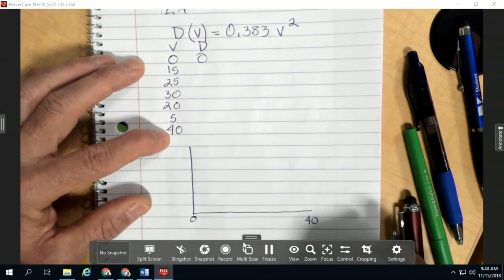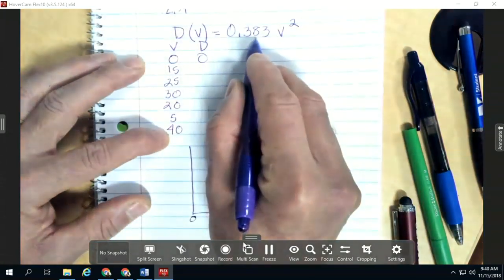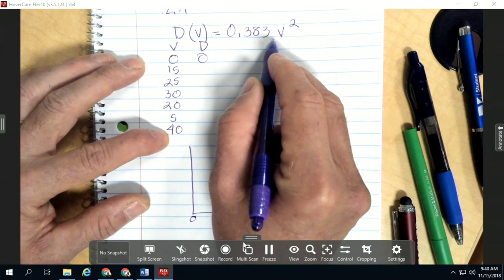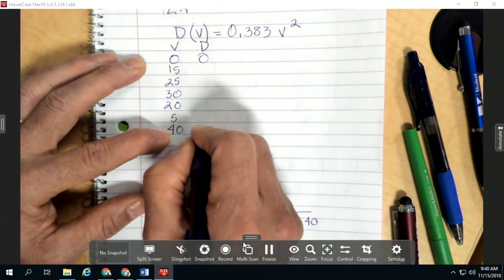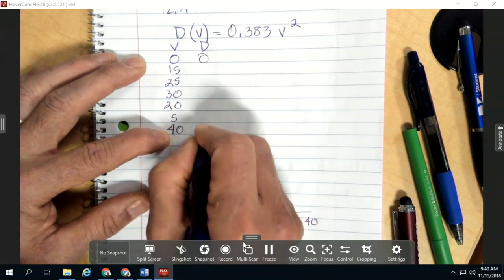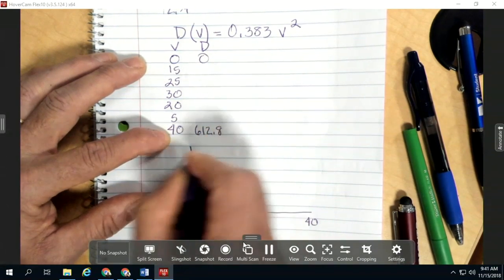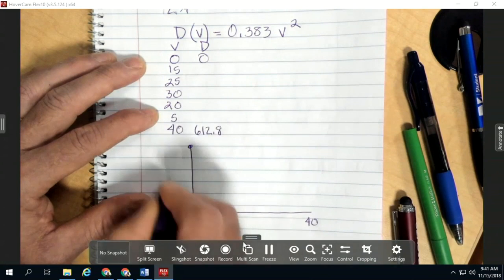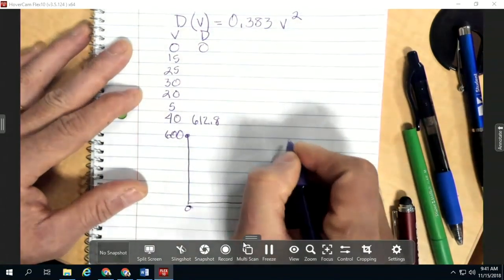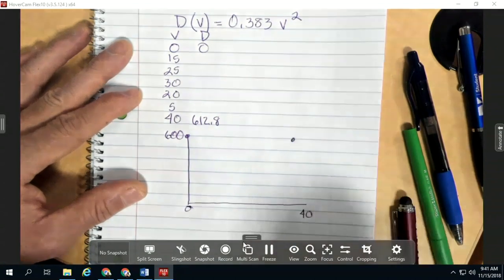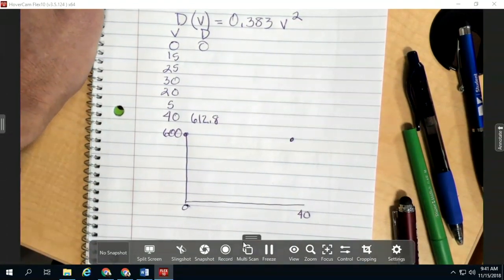You know what you're doing? 0.383 times 40 squared. 612. So if we made this 600, okay, 40 miles an hour would have a dot right there.